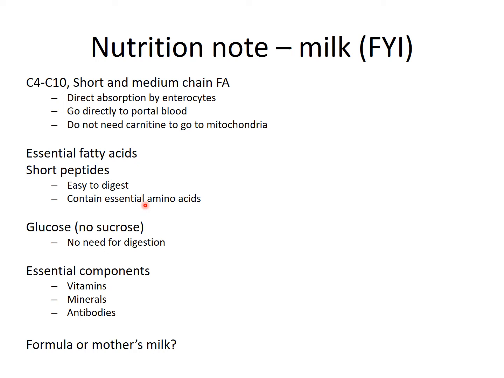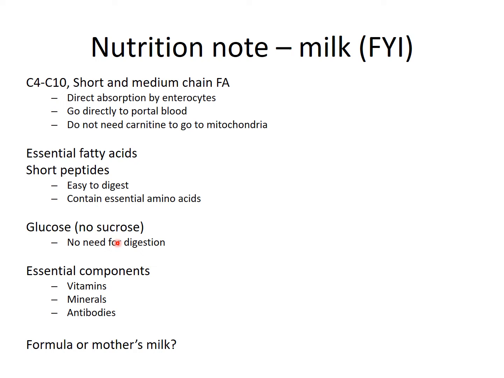They also contain essential amino acids from the mother's diet and the mother's blood, so the baby will be well fed and can synthesize the enormous amount of proteins that is needed for the baby to live and to grow. Now, it contains glucose and not sucrose.